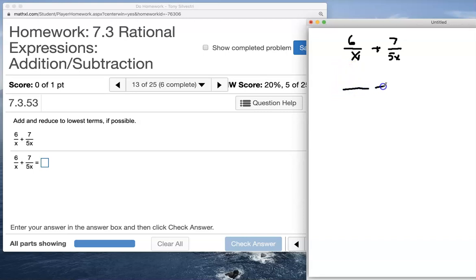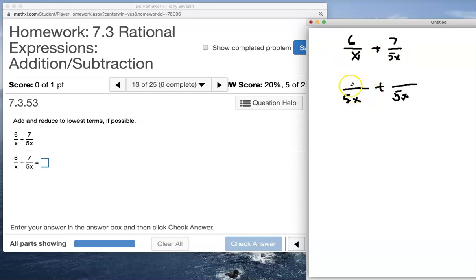I need to find a common denominator. These denominators are already factored, so we have to list every factor you see listed once, at its highest power. I've got to have a 5, and we have to have an x. Don't say x squared because you see it twice. That's not the point. I see an x, you list it once, that's the highest power of x you see.